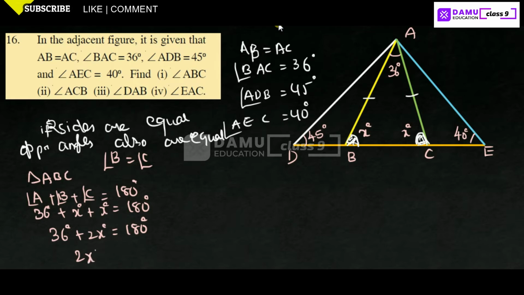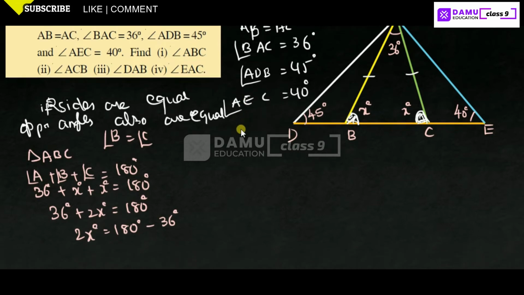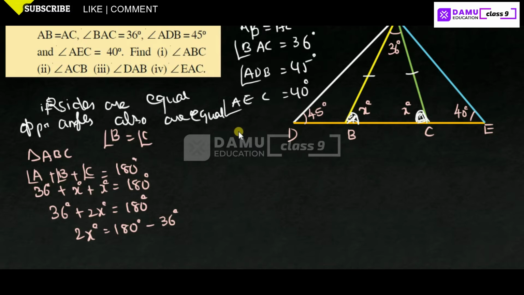Then 2x will be equal to 180 minus 36, which is 144 degrees. Then x will be equal to 144 by 2.